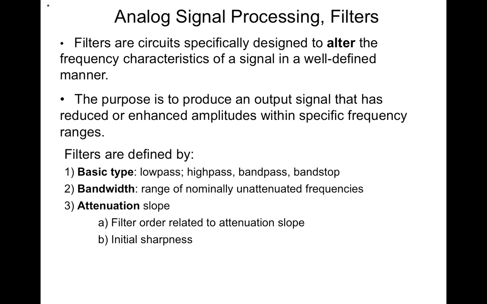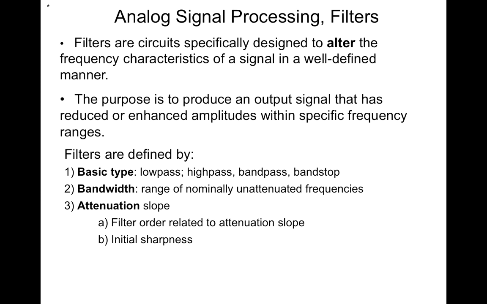Filter circuits are circuits that are specifically designed to alter the frequency characteristic of the signal in a very well-defined manner. The purpose is to produce an output signal that either has reduced or enhanced amplitudes within specific frequency ranges. The way we define filters is by their basic type.